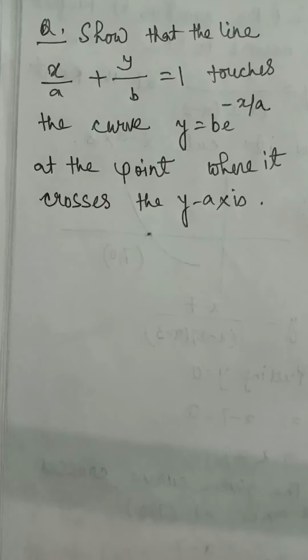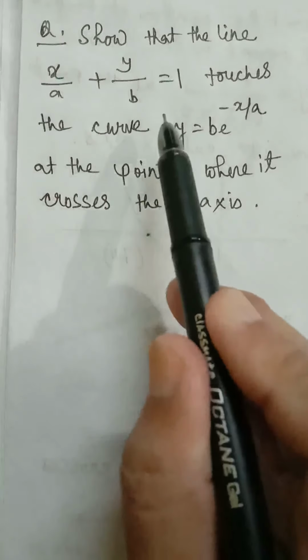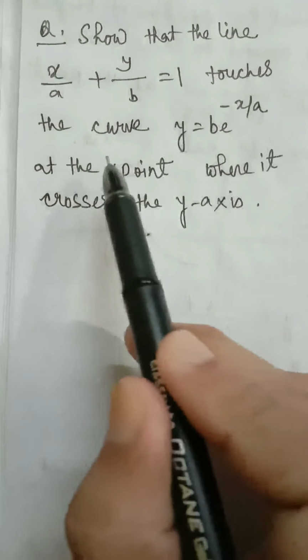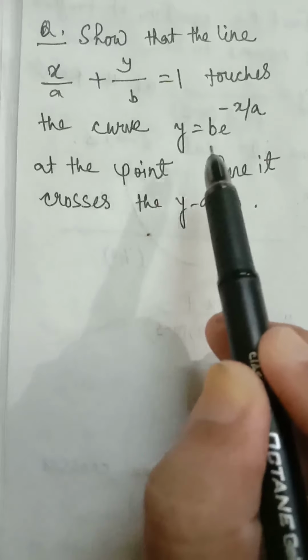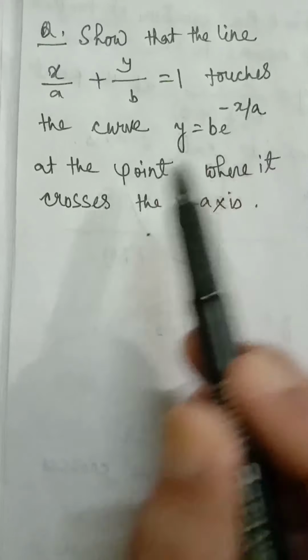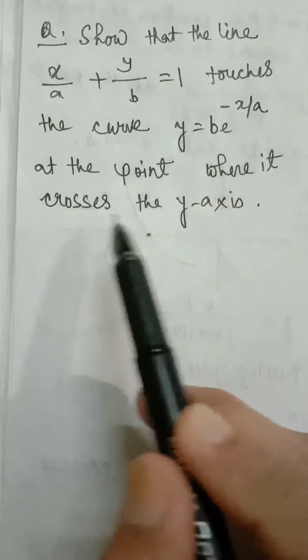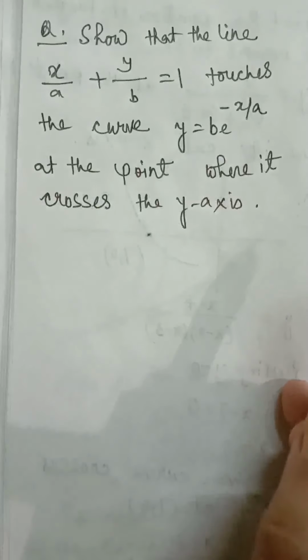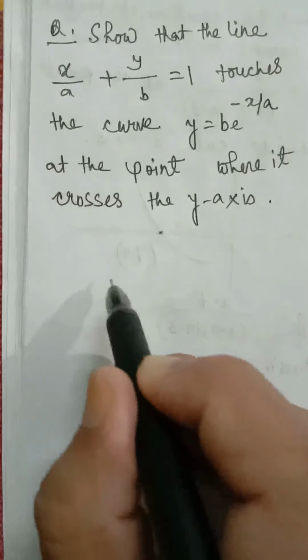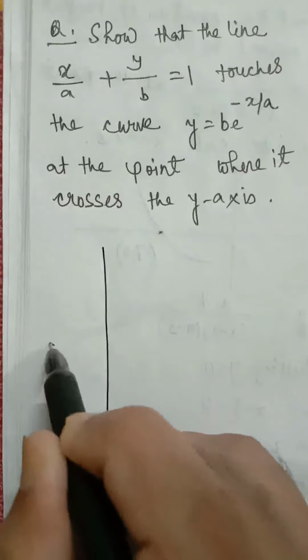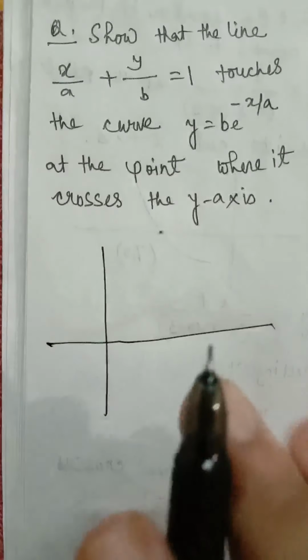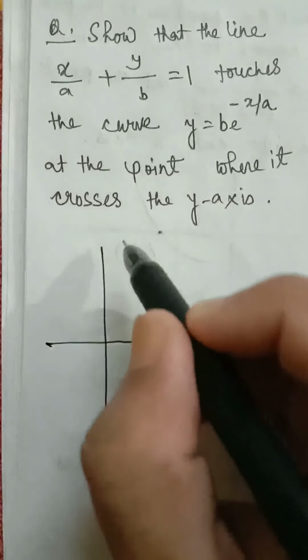Next question is, show that the line x by a plus y by b equal to 1 touches the curve y equal to b into e to the power minus x by a at the point where it crosses the y-axis. Now let me draw. I am drawing this just to explain.